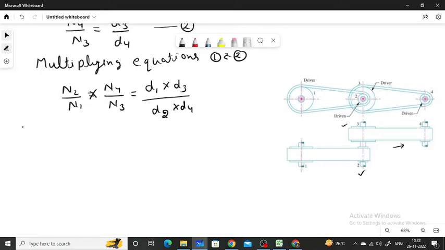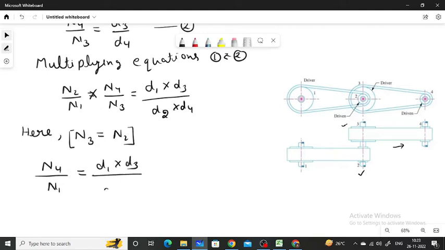Here pulley 2 and 3 are on same shaft, then the speed of pulley 2 and 3 are same. So from above equation, N4 upon N1 is equal to the D1 into D3 divided by D2 into D4.